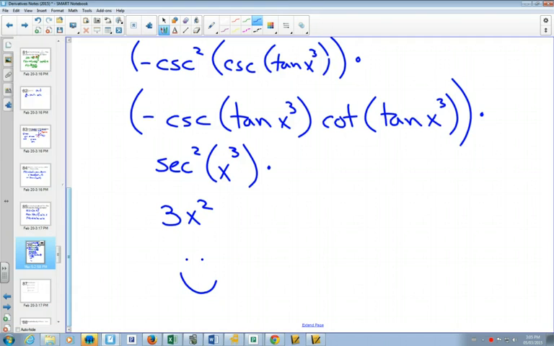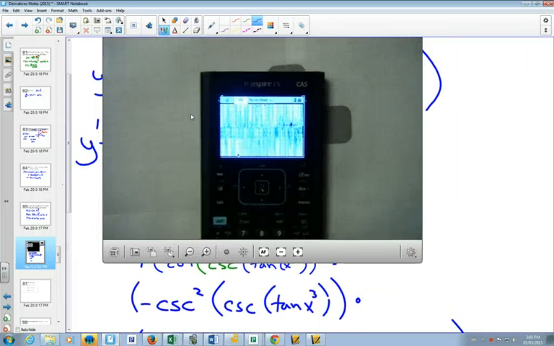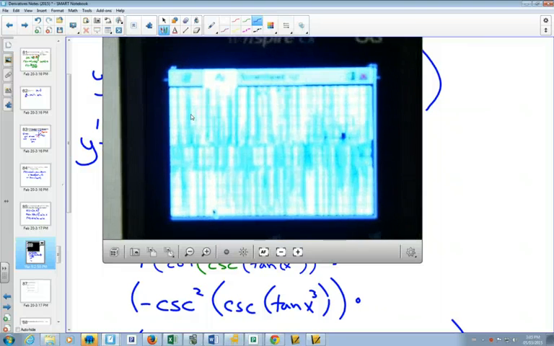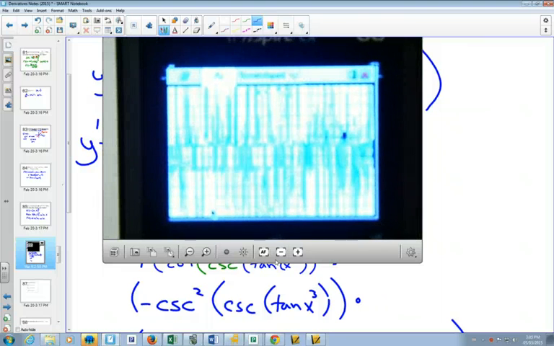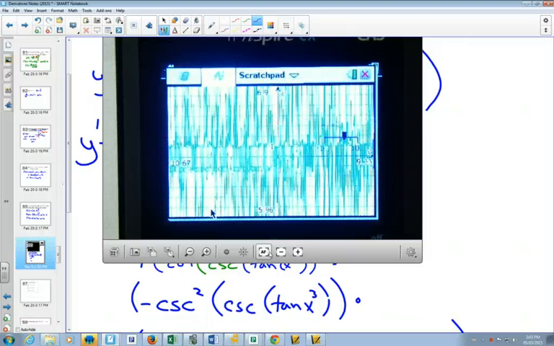And someone has graphed this. Is this the derivative? No, it's the original. This is the original function, which I think when you see this, this will make a lot more sense. Obviously, when we look at the original graph here, we can now totally understand what's happening. Oh, sorry, it was blurry. There we go.